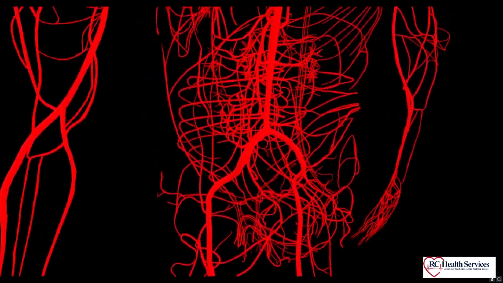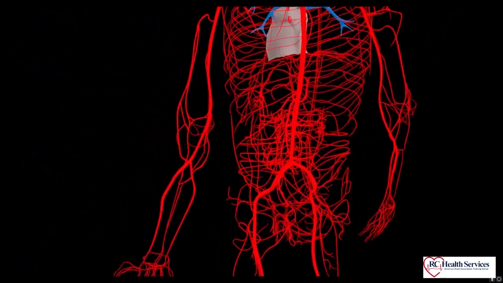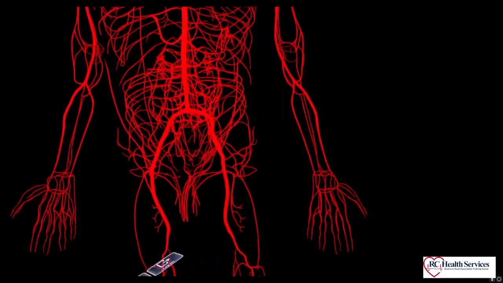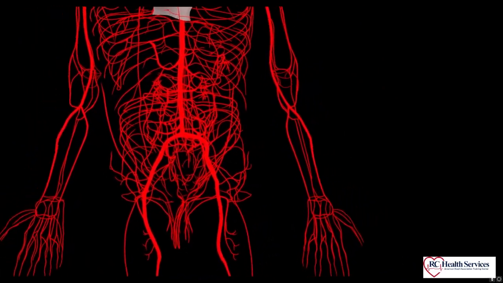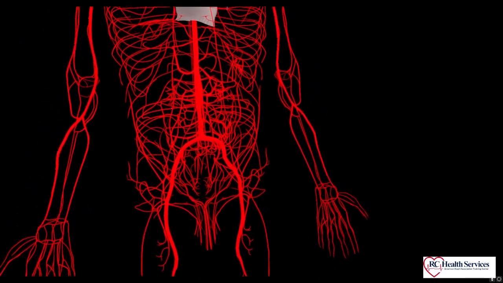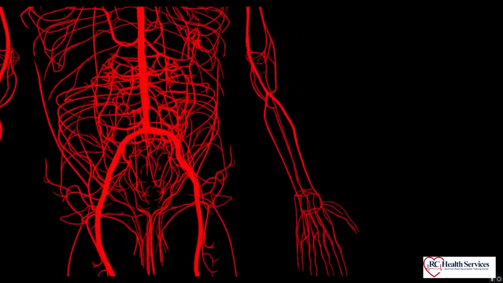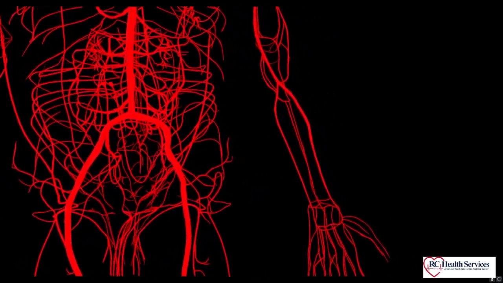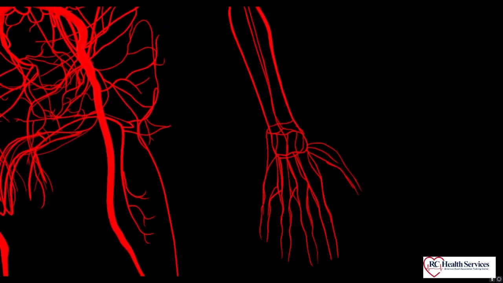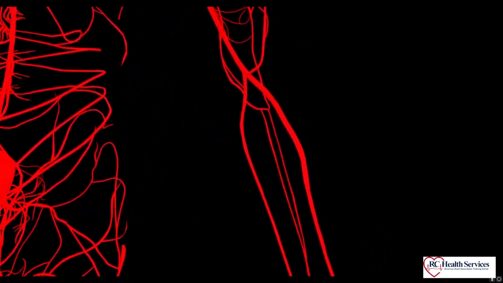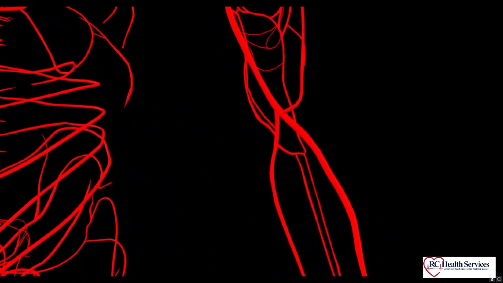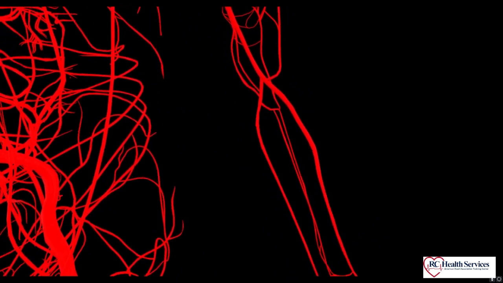From there, arteries will turn into arterioles, just smaller versions of arteries, down until we have the capillary bed. The arterioles will turn into a capillary bed, and they just get smaller and smaller and smaller.